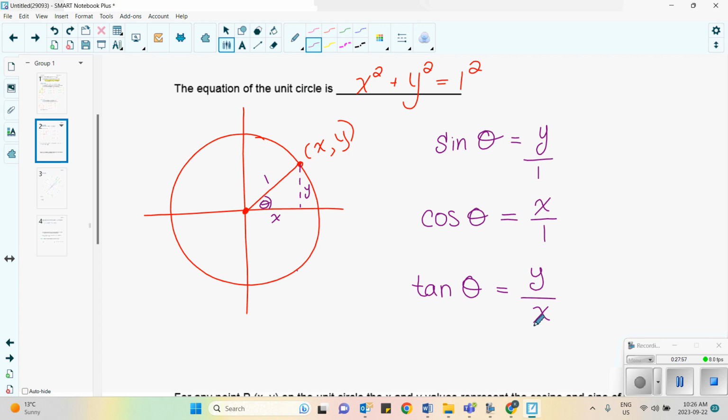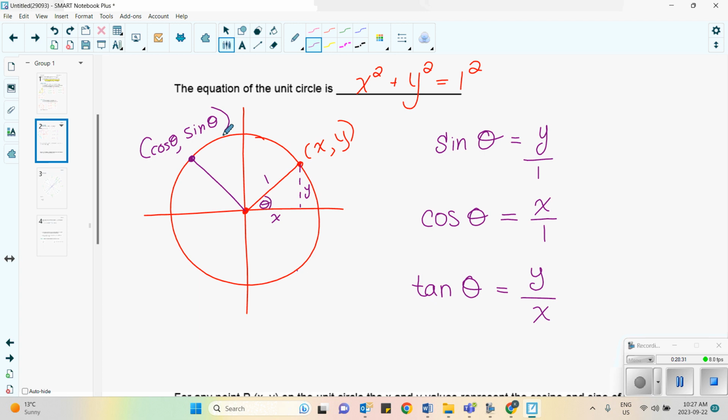So any point on the unit circle can be represented by cos theta, sine theta. Because really, cos theta is equal to x, and sine theta is equal to y. So any coordinate pair would go cos, then sine. Think of it as alphabetical order. Cos, then sine. X, then y.